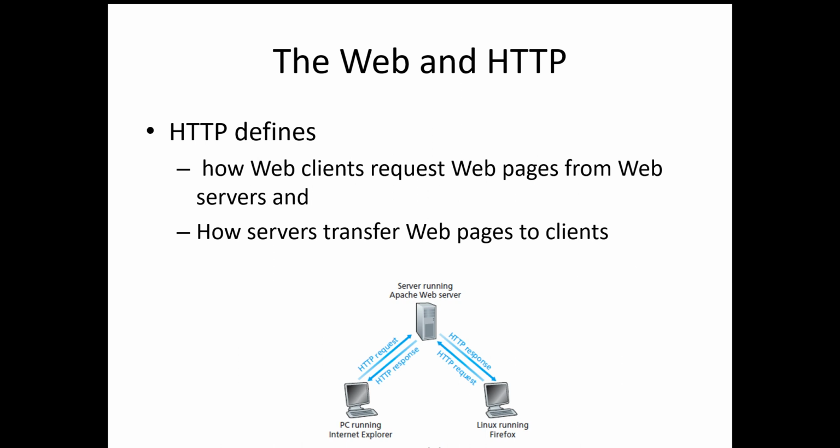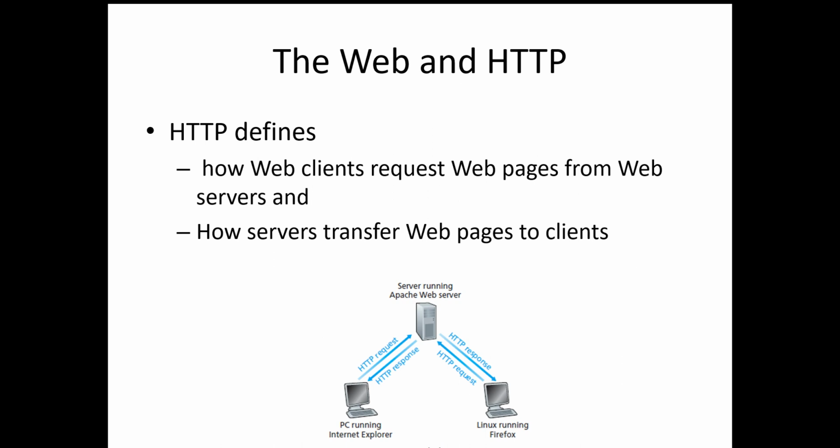HTTP uses TCP, Transmission Control Protocol, as its underlying transport protocol. The HTTP client first initiates a TCP connection with the server. Once the connection is established, the browser and the server process access TCP through their socket interfaces.